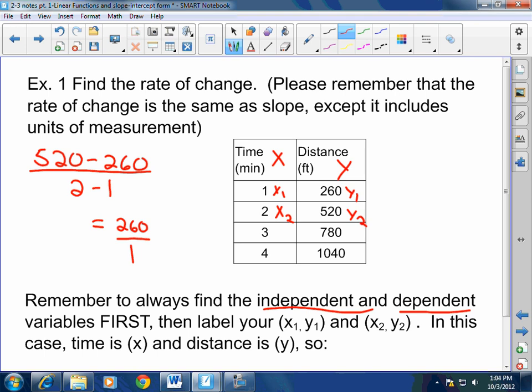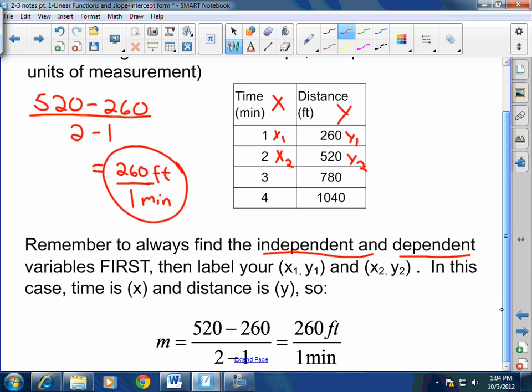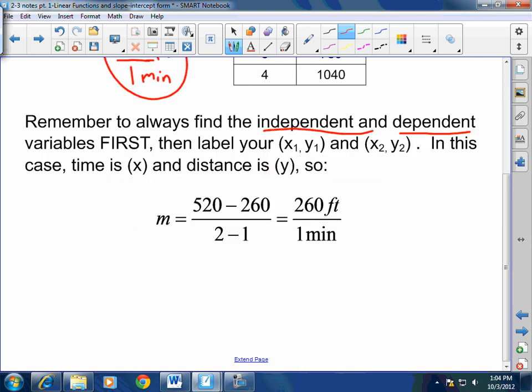What this means is that I am increasing 260 feet every 1 minute. If it says rate of change, you have to have the units. If it's just slope, you will not necessarily have to have the units. And then I just put it here nicely for you, but we already did it.